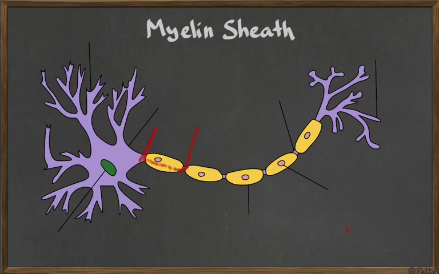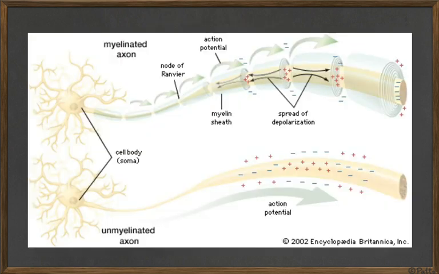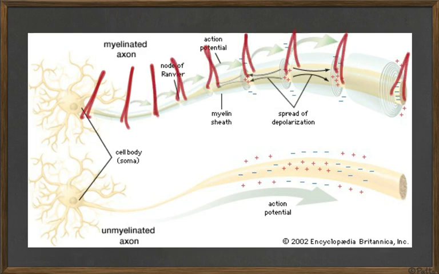And then this here will make enough sodium go there to cause another one there, and then another one, and another one, until you reach the end where this guy is going to be working. This is how the myelin sheath works. This here is the idea: one action potential here causes another one there, another one there, and so on, and you get to the end.